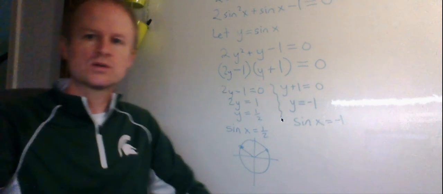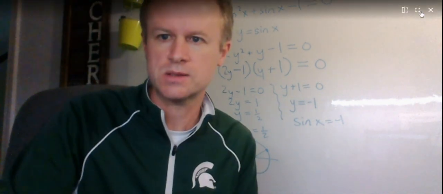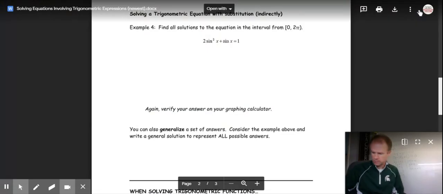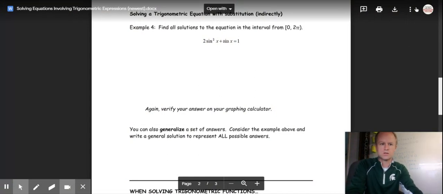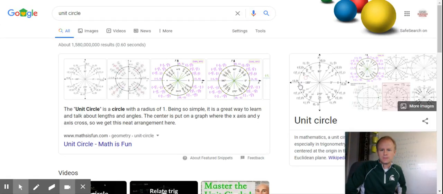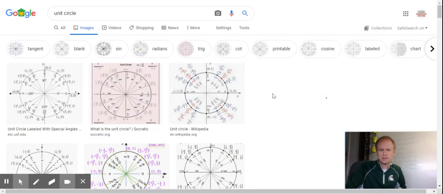And so let's go to the unit circle because it's cool and it's helpful. So I'm going to search unit circle, and we're going to zoom in on a unit circle a second.